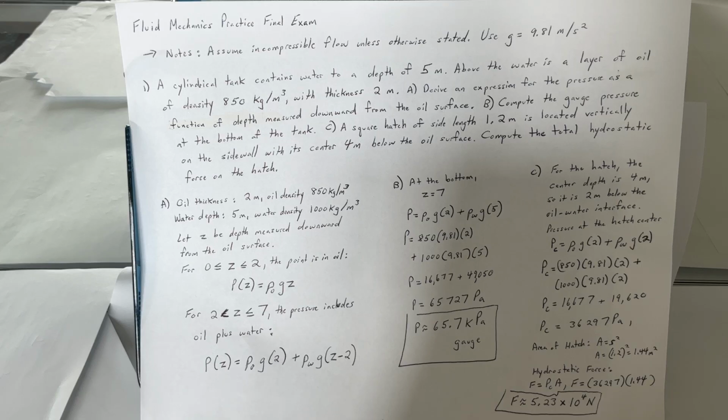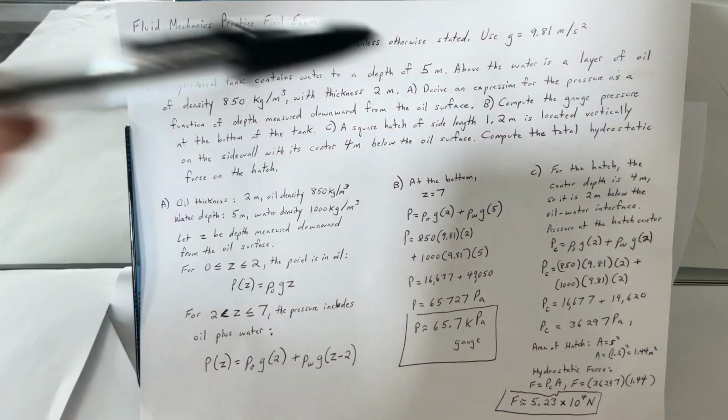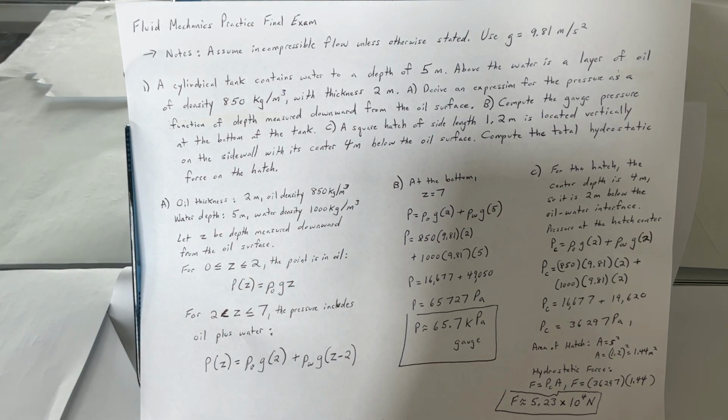Okay, so that would be the gauge pressure for letter B. So, letter C. A square hatch of side length 1.2 meters is located vertically on the sidewall with its center 4 meters below the oil surface. Compute the total hydrostatic force on the hatch. Okay, so here we go for C. For the hatch, the center depth is 4 meters, so it is 2 meters below the oil-water interface.